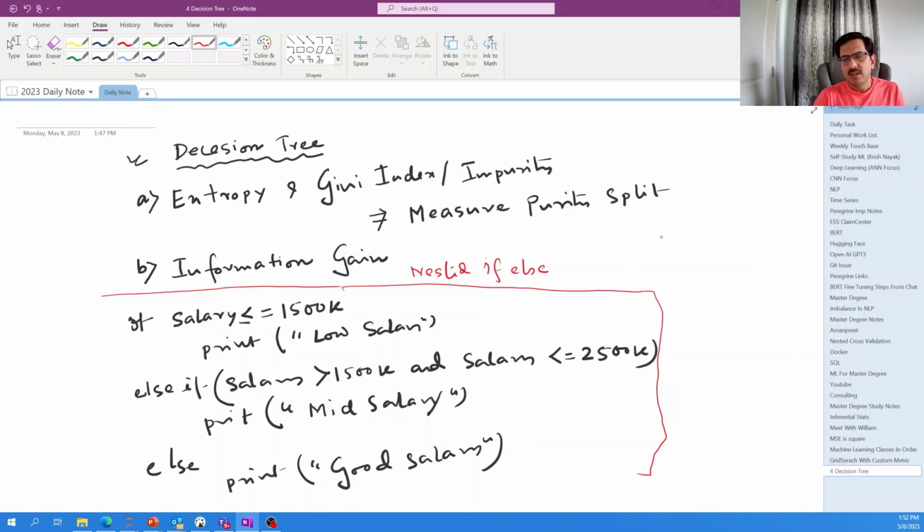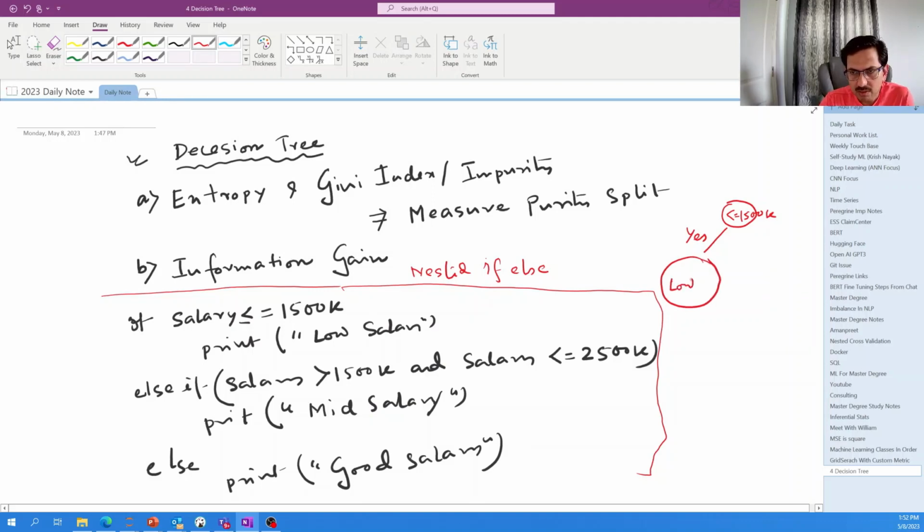Now the same thing, if you draw as a tree, what will happen? This will be your first node where you will check if the person's salary is less than 1500K. If yes, then it will be low salary. And if it is no, then it can be medium salary or good salary.